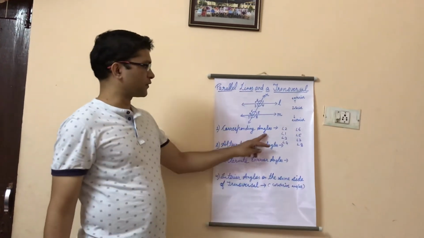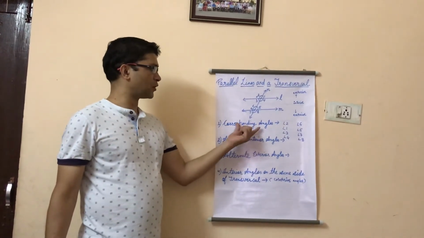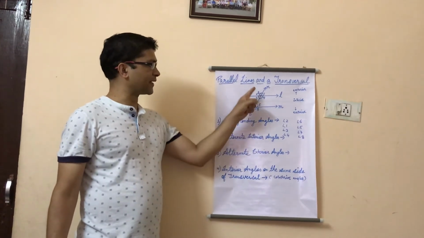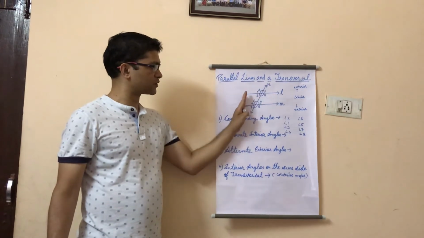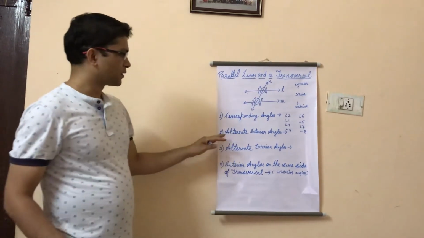So these are the 4 pairs of corresponding angles, and how to identify them? One will be an exterior angle, another will be interior. They will be formed on the same side of the transversal at different points.